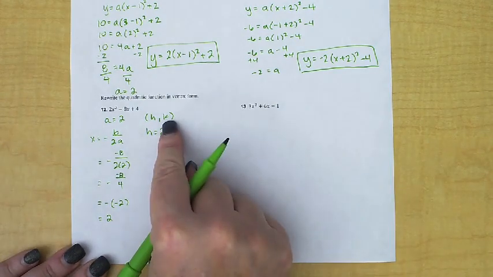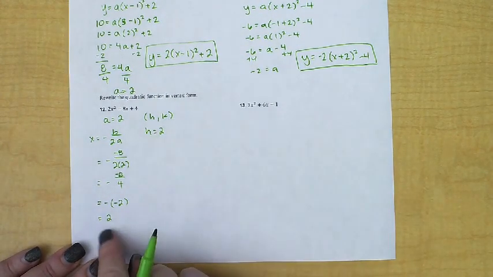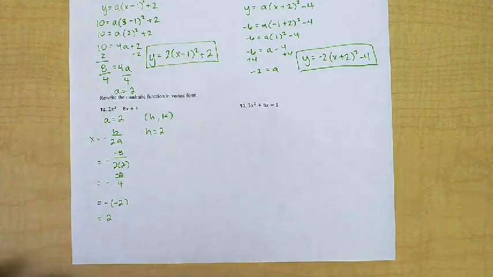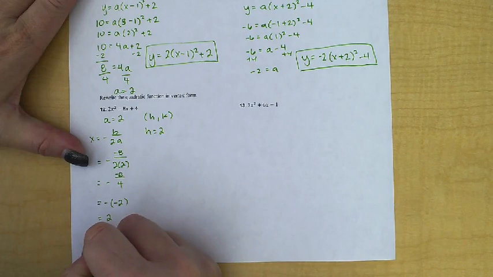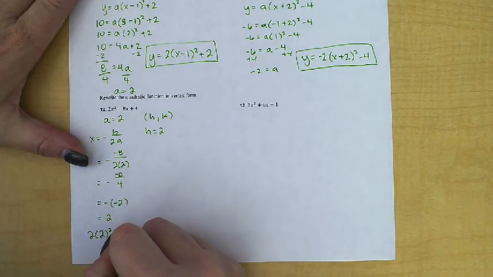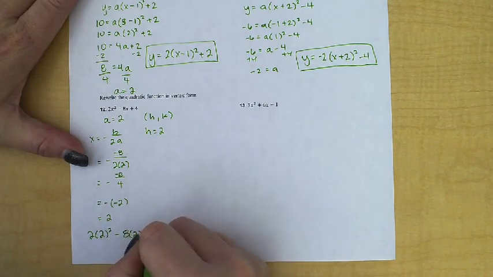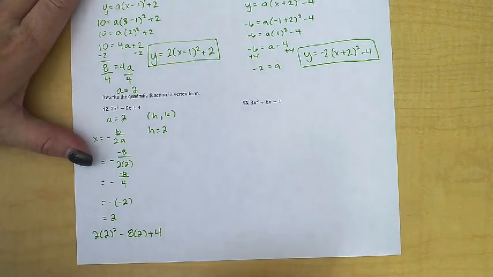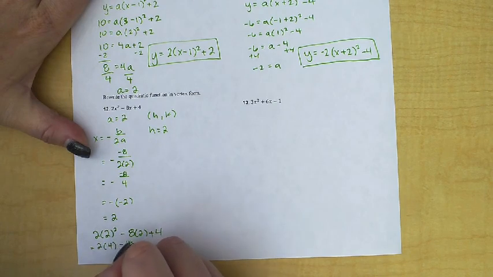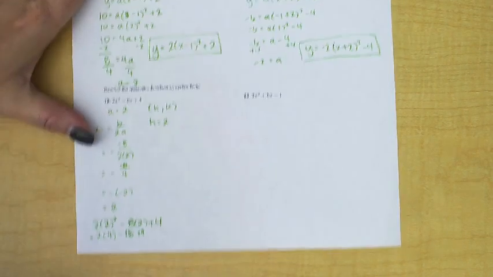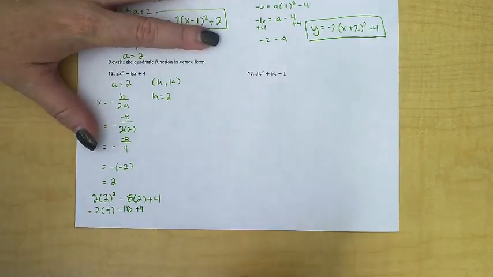And to get that k, which equals y, we plug this 2 back into our original function, which is going to give us 2 times 2 squared minus 8 times 2 plus 4, which will give us 2 times 4 minus 16 plus 4. Sorry, I'm running out of room.